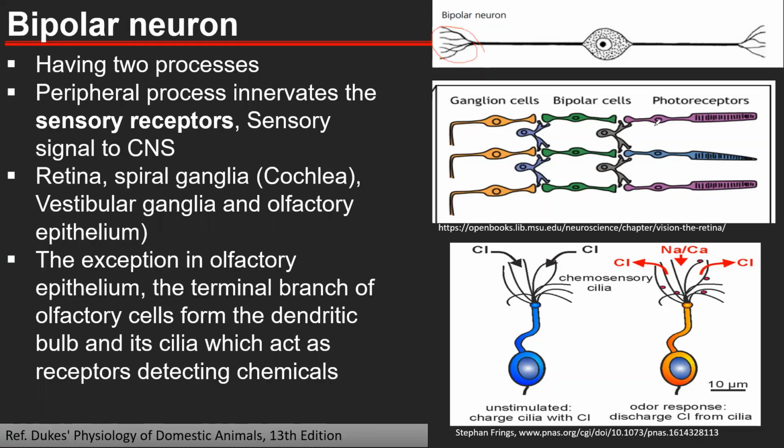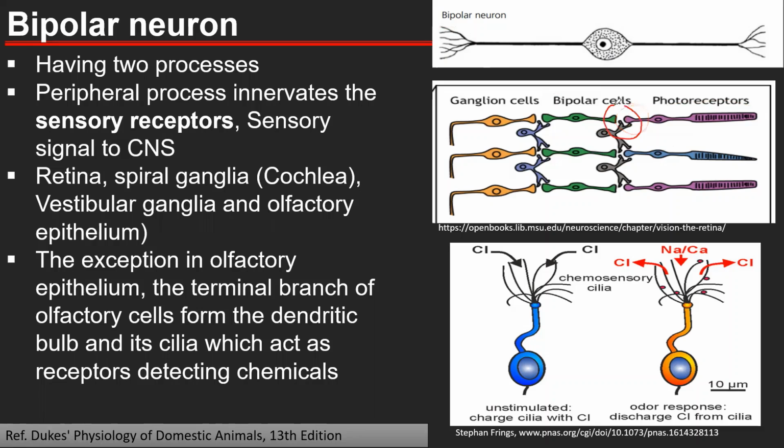For example, in the retina, we have the photoreceptors, rods and cones. And this bipolar neuron receives the information from the photoreceptor. So they are linked with the sensory cells.